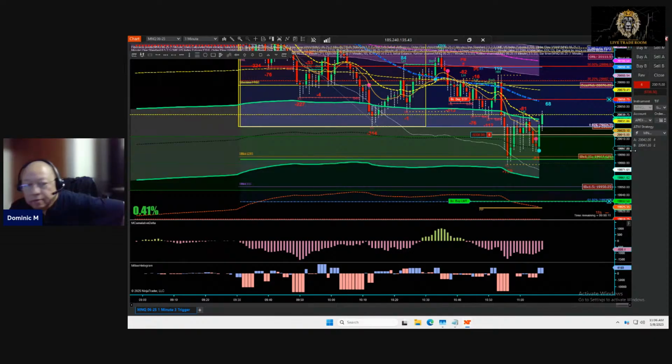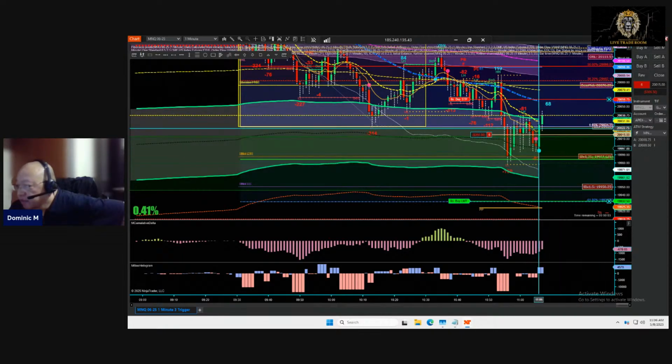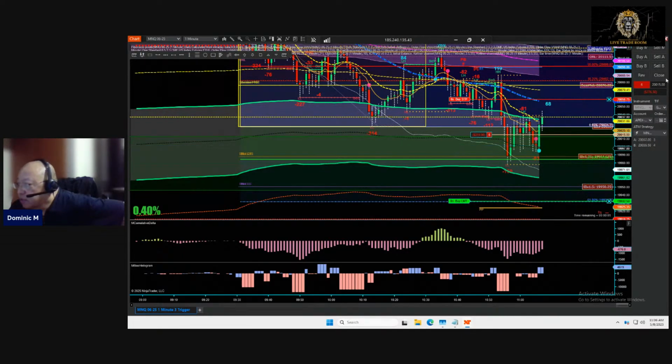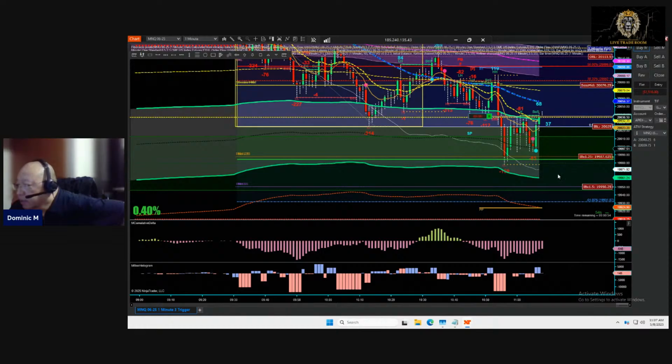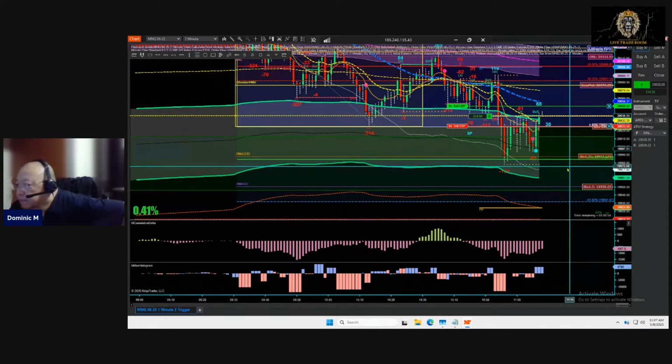They may just pierce that and bring it down. 6 seconds, 5. If they finish above this, I'm going to close this out. There we are. We finished above everything, so this is going to be a good buy. Order filled.